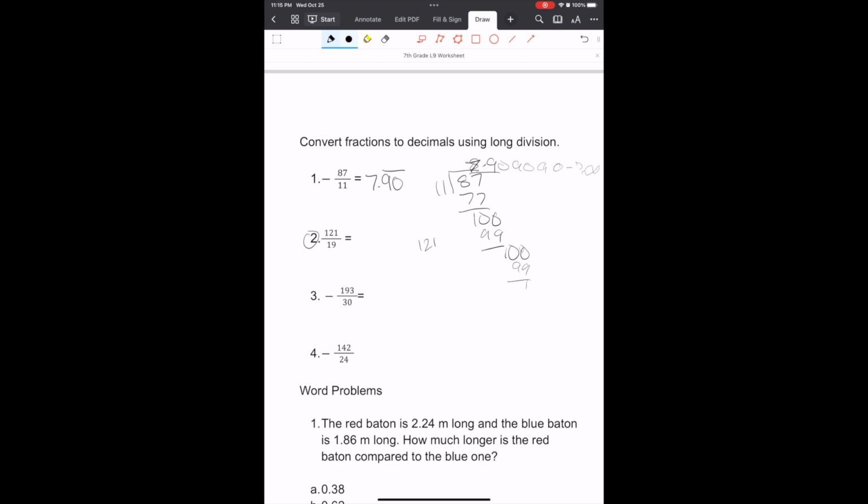Number 2, we do 121 divided by 19. This would be 6, and then 19 times 6 is equal to 114. So 7, bring down the 0. Then this goes into that 3 times. So 19 times 3 is 57. 13. This goes in there 6 times.